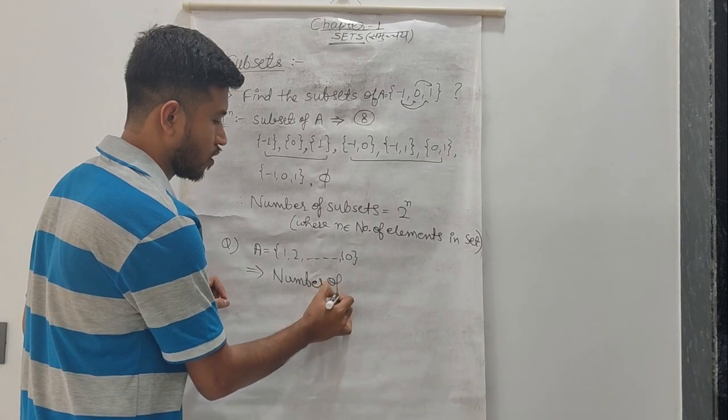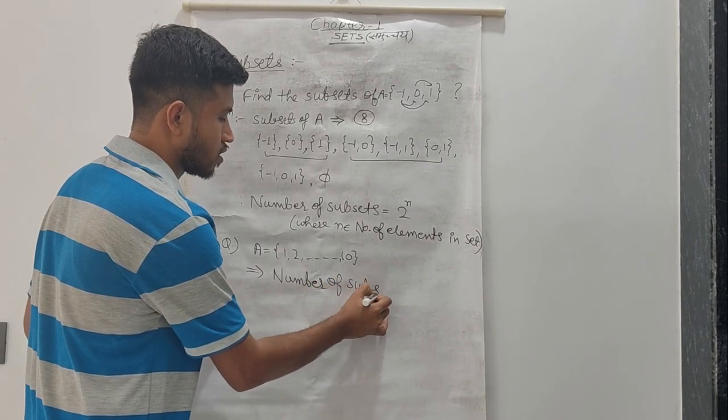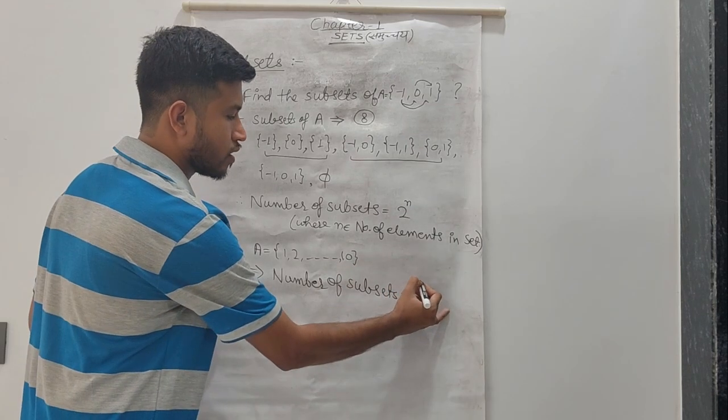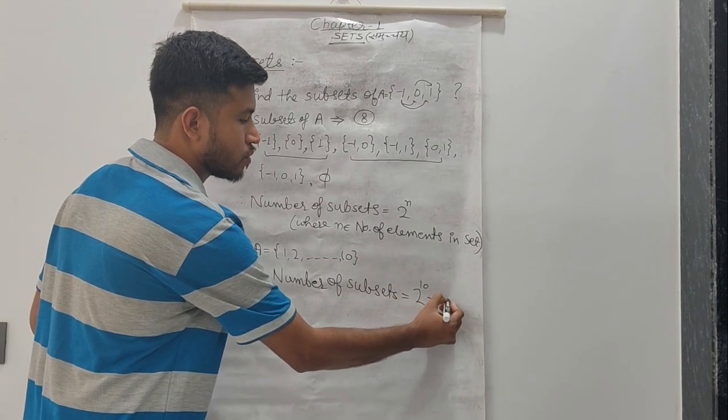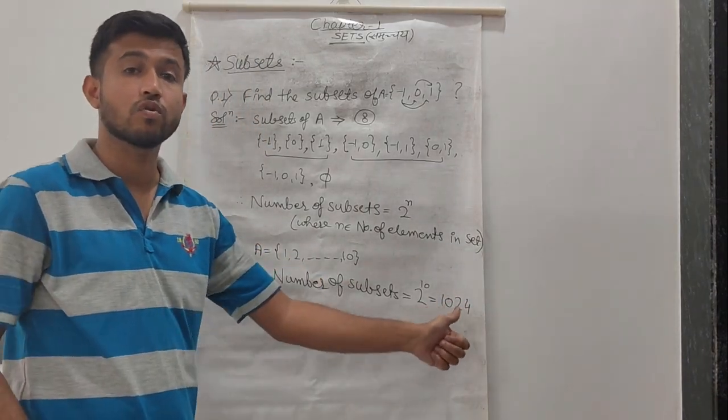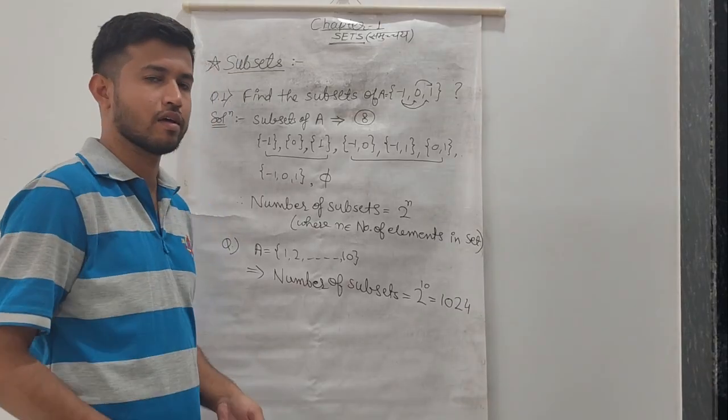So this set has 2 to the power n subsets, including the empty set.